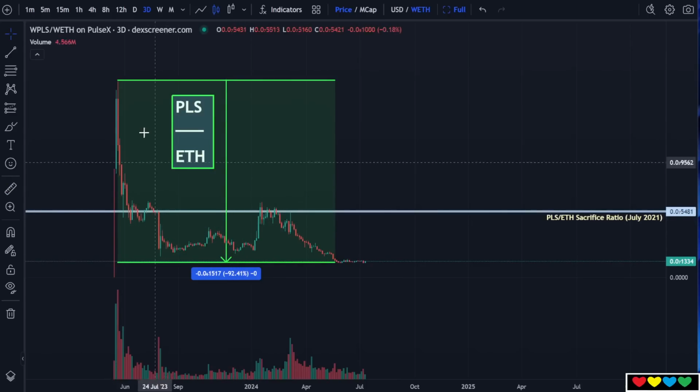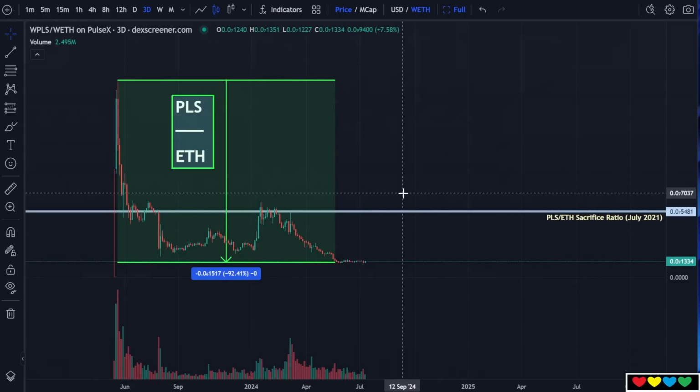So if you put in 100 ETH up here on Pulse, you now only have 8. You've lost 92 if you sell it down here. So they take that snapshot in time and they go, oh, see, it doesn't work. Okay, that's it. Everyone's related to each other.